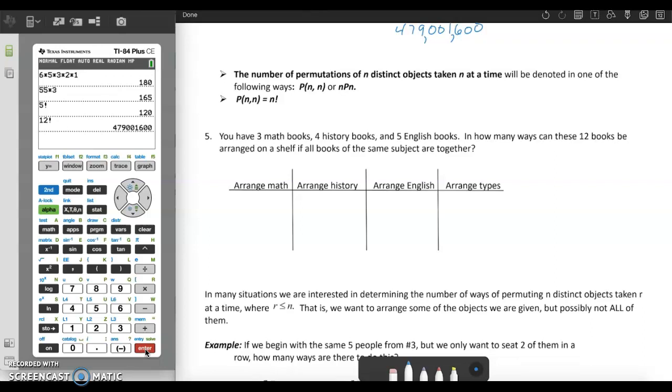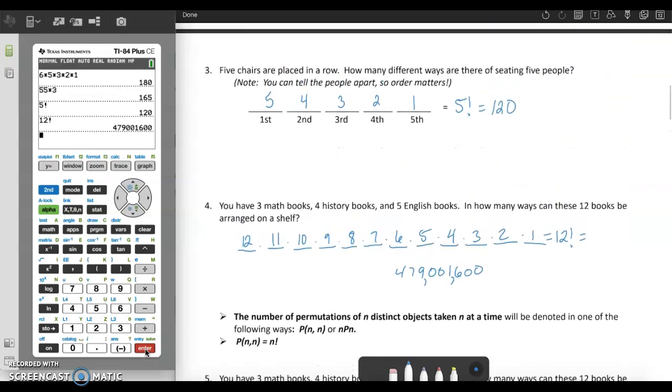So this means I'm going to take this many objects and I'm going to put them all in a row. And this can be defined by taking n factorial. So that's what we've been doing. What happened up here was we permutated 5 objects 5 at a time, and that ended up giving us 5 factorial. And in this one, we permutated 12 objects 12 at a time, and that ended up being 12 factorial.